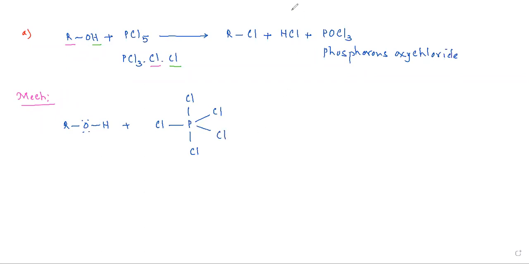PCl5. Now, as and when the lone pair attacks, this goes off, minus Cl minus, and we get this.